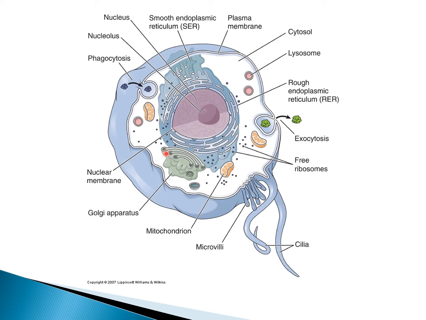Also, it contains many organelles: the Golgi apparatus, the mitochondria, which is the energy factory of the cell, many ribosomes producing proteins, lysosomes containing digestive enzymes, in addition to other components.